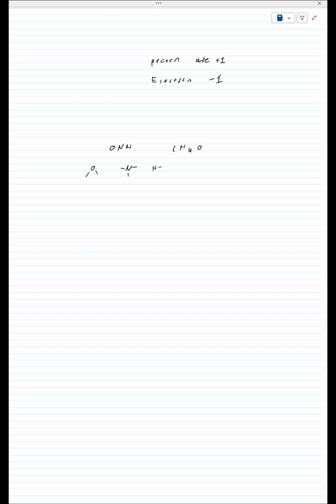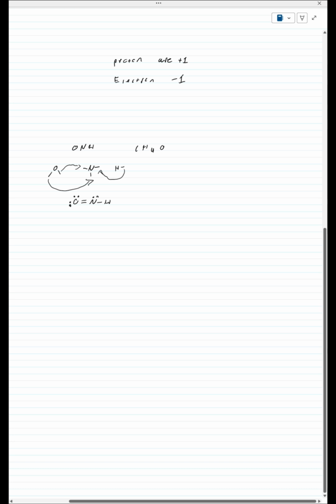So you can kind of visualize if you combine the lines together, that if you drew it like this, you have no formal charges, and you follow all the octet rules and structure theory rules.